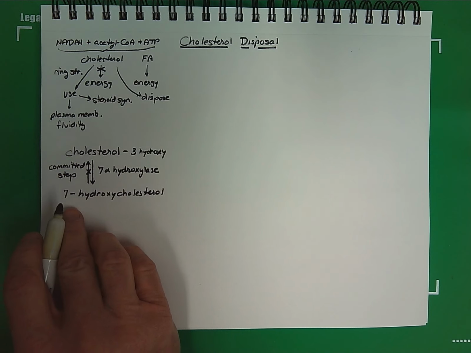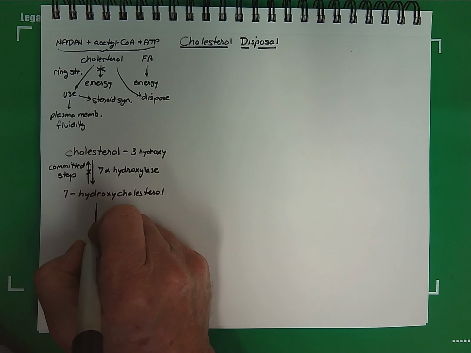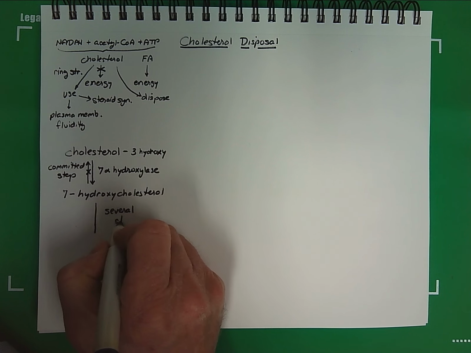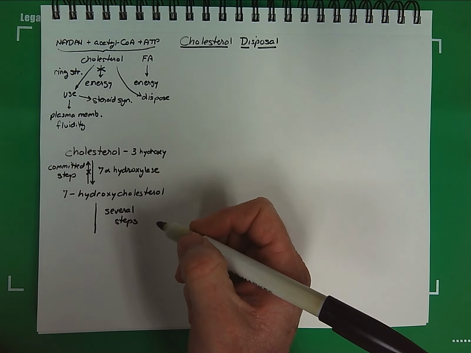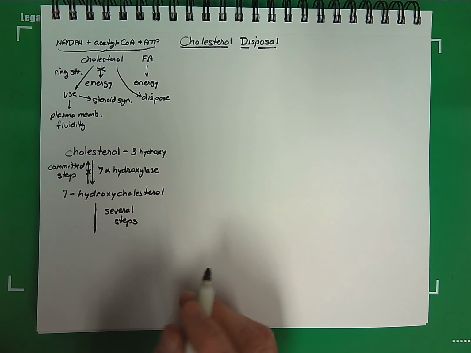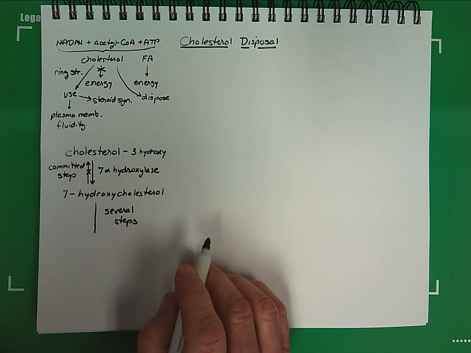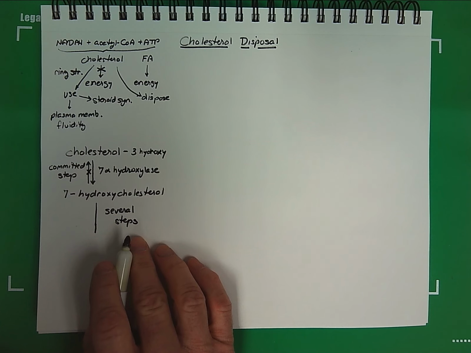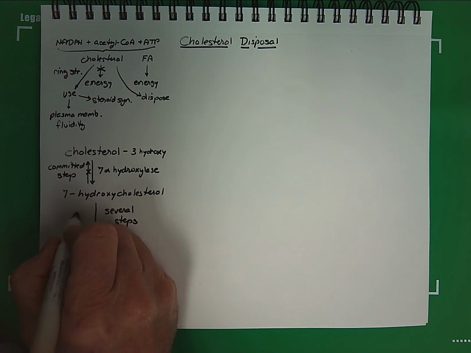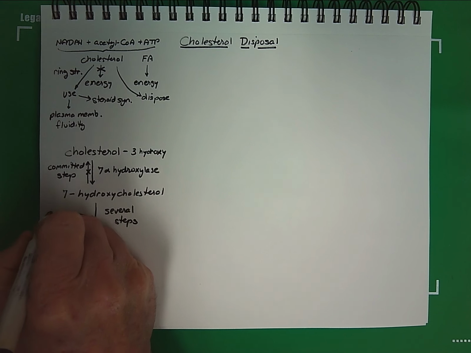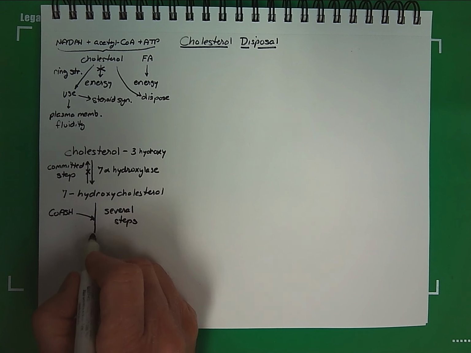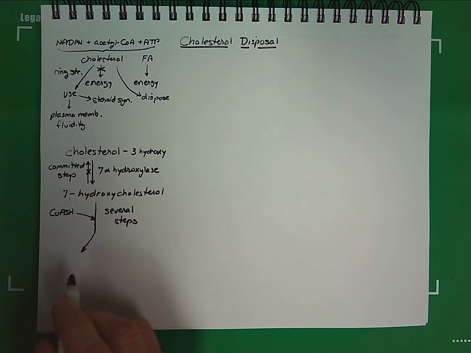Now, once we have our 7-hydroxycholesterol, there are several steps of modification. These steps include another hydroxylation reaction and also a shortening of the hydrophobic tail of the cholesterol molecule, which is on the D chain. The other addition is that we are going to be charging up the molecule by adding a coenzyme A. So what we are essentially forming are two independent molecules.